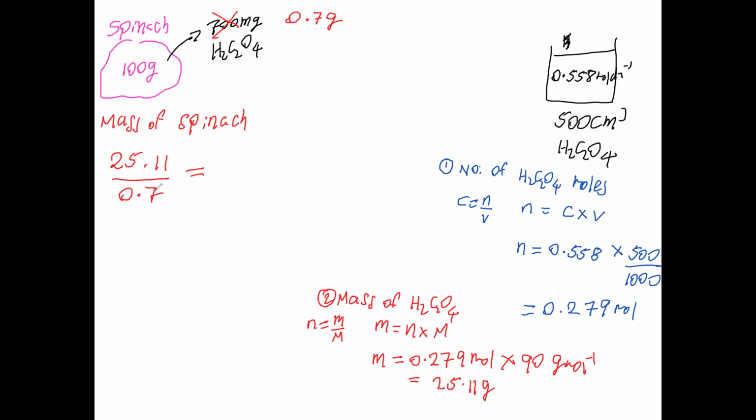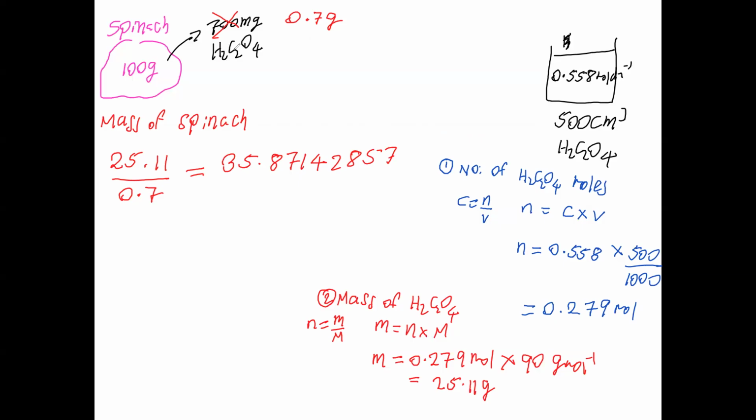What you're going to do is divide 25.11 by 0.7. 25.11 divided by 0.7 gives 35.87142857.